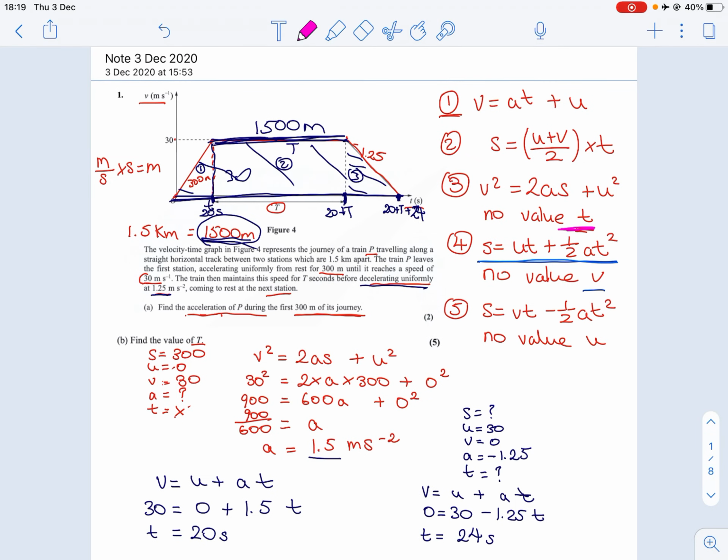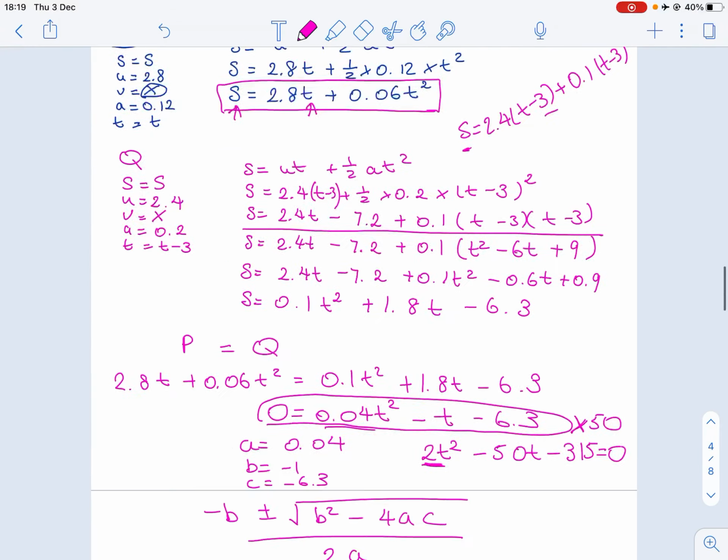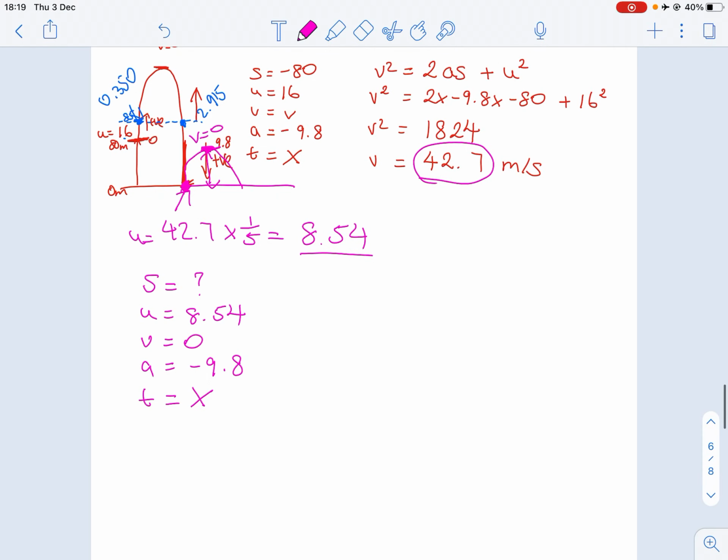So no value for t. We use v squared equals 2as plus u squared.